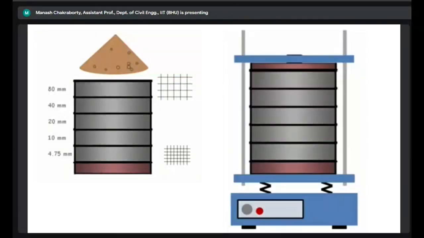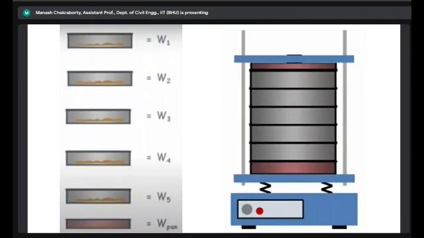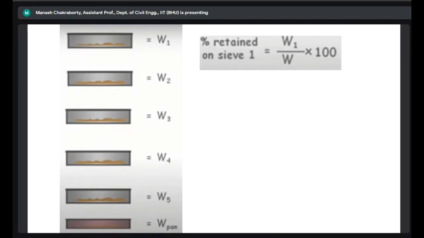And we put it on this mechanical shaker. We shake it for some amount of time, and after that, whatever is retained on each of the sieves is weighed, right? So let's say W2 is the weight of the particles retained on the 40 millimeter sieve, and W3 is the weight of the particles retained on the 20 millimeter sieve. We weigh the amount of particles retained on each of these sieves, and then we calculate something called percent retained on each sieve, right?